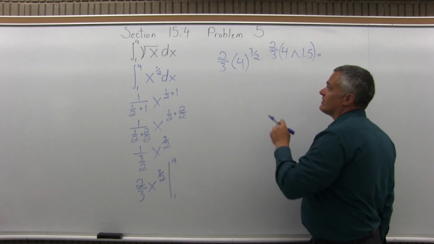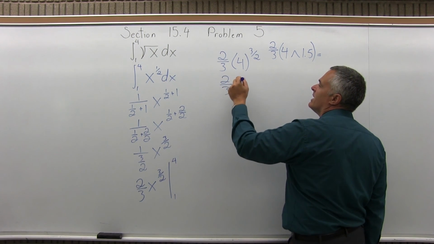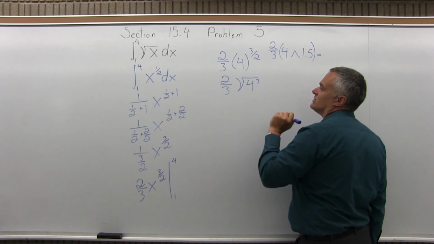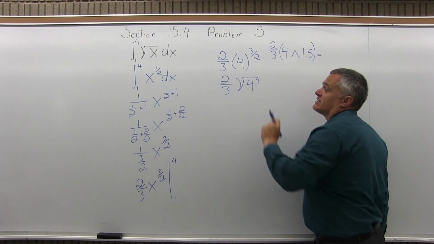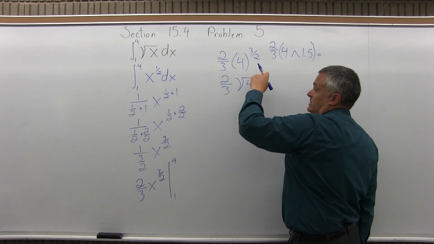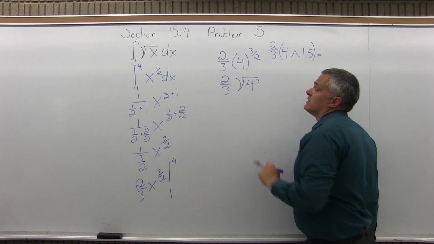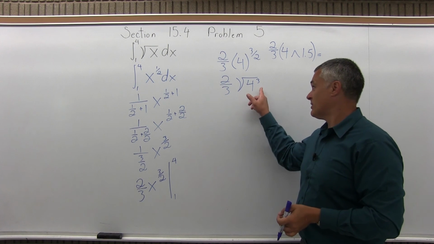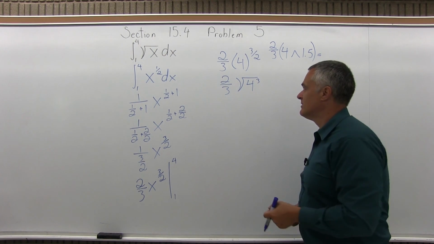If you don't have a calculator handy, a different option is to put your fractional exponent back into a root type of notation. So you have the denominator being a 2, means the index of the root is a 2, or a square root. And the numerator of the fraction is still the power. So you have 2/3 the square root of 4 cubed. And you can either do the root first and then the exponent, or the exponent first, then the root. Either way, you're going to get 8.